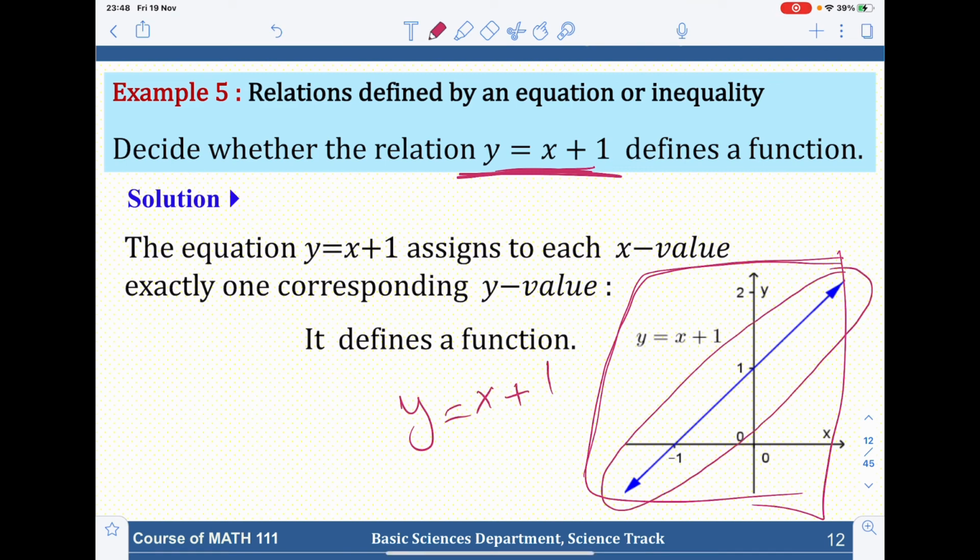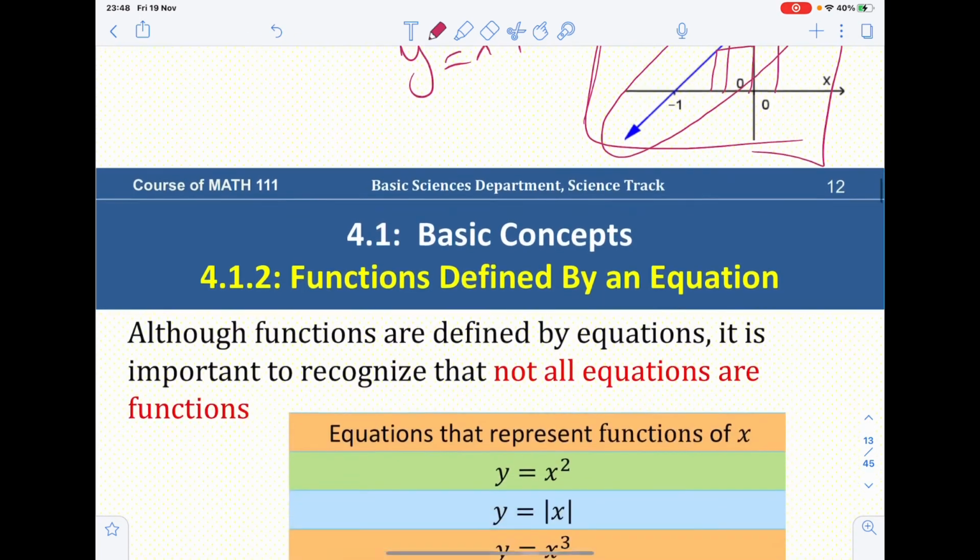We can see that the graph is a line, and for that each element in the domain corresponds with exactly one element in the range. So yes, this is a function.